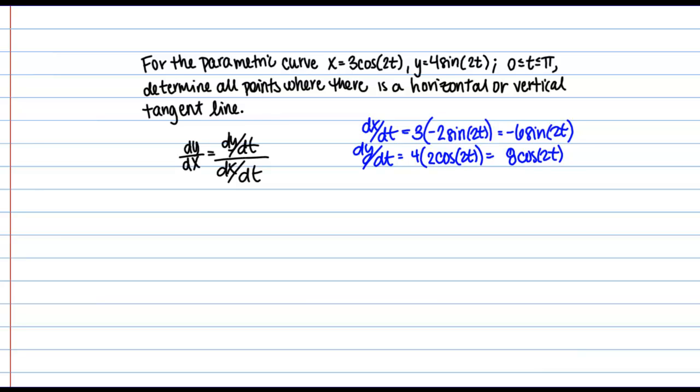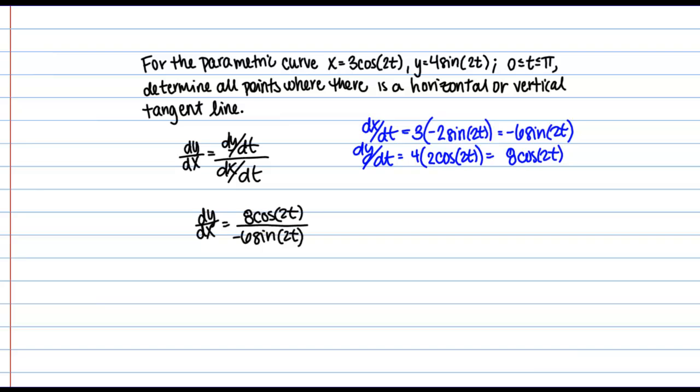So then my overall derivative, dy dx, is going to be dy dt, which was 8 cosine of 2t, over dx dt, which was negative 6 sine of 2t.